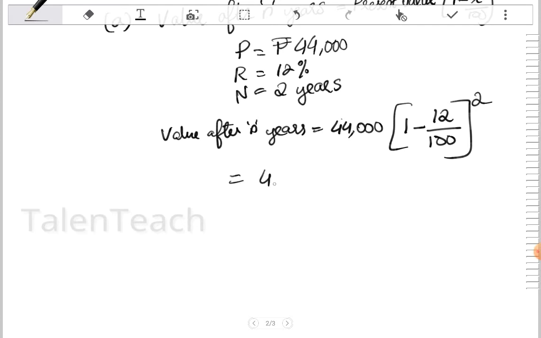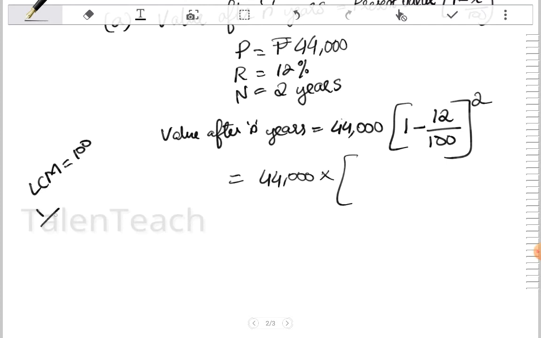So value after n years is equal to 44,000 into, we have to solve inside the bracket. We have to subtract, so we have to make the denominator same. For that we have to take the LCM of the denominators. The denominator of 1 is 1, so the LCM of 1 and 100 is 100 itself.